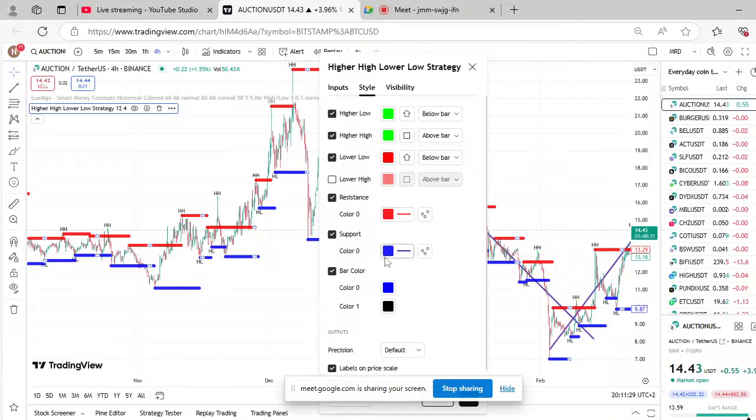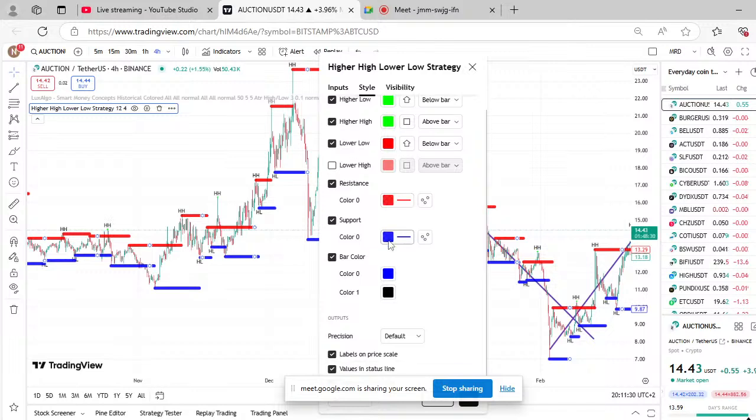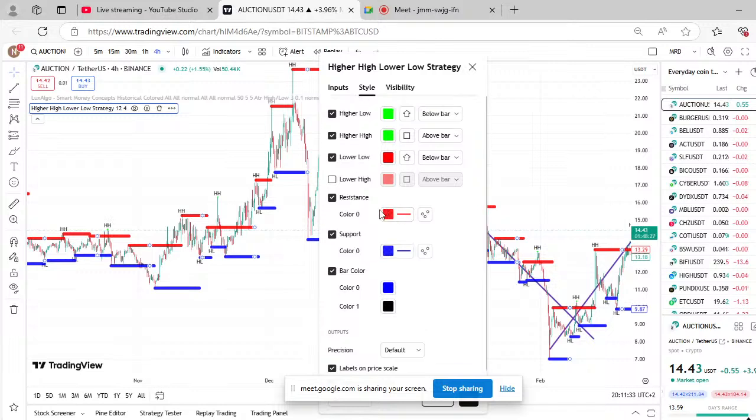You can put what you want. For the case of resistance, I use the red. Where you see red, it is resistance. Where you see blue, it is support. And this indicator will identify for you that this is high, this is low.